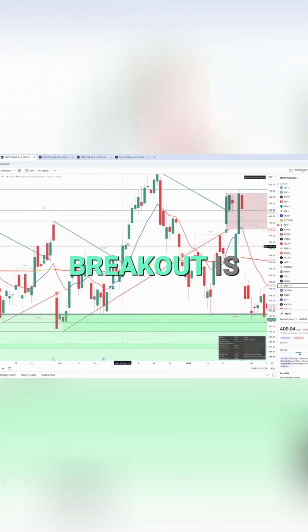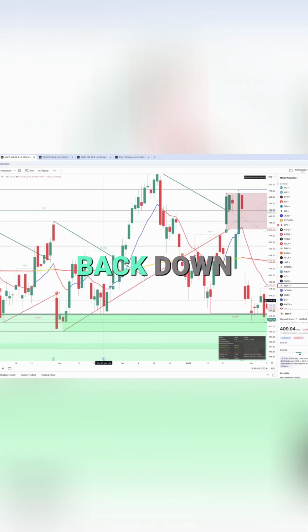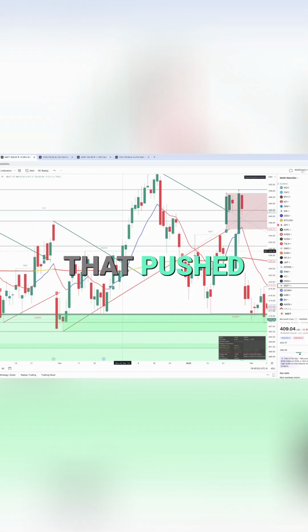The reason this breakout is powerful is that once you have a sell-off like this at a high, it creates a diagonal resistance on the chart. When the stock price starts to push back up near it, we reject back down. We pushed up to it again here, and it rejected at this trend line again with this green candle. Then you push down again. Then we had this really nice green candle that pushed up.